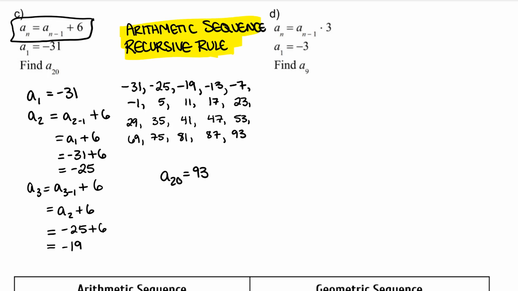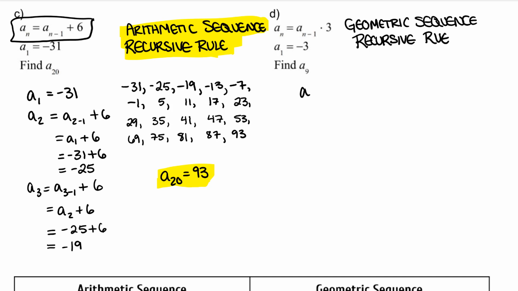For part D, we're taking the term before and multiplying by 3. That's going to give you a geometric sequence. And it's dependent on the term before, so it's a recursive rule. A sub 2 means I'm going to take the term before and multiply by 3.